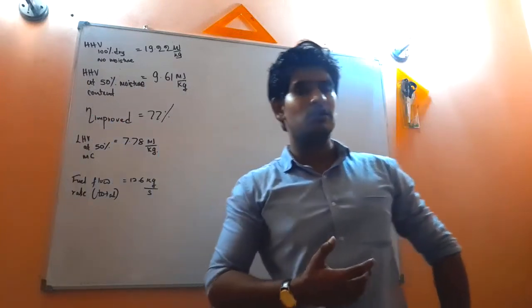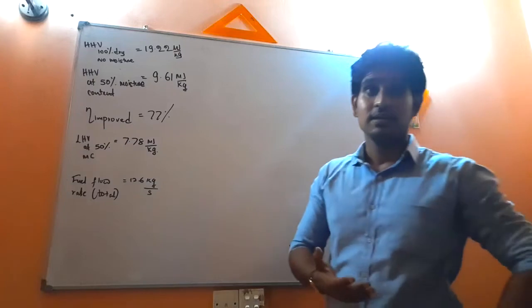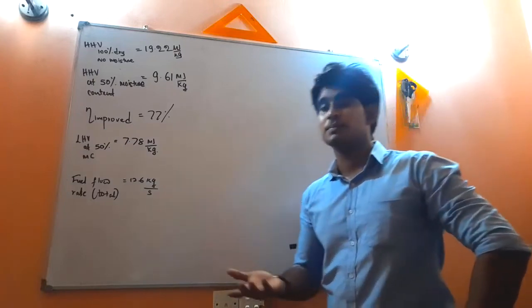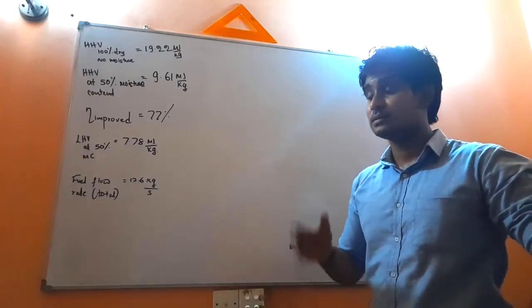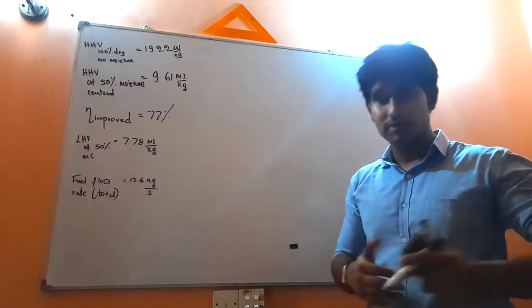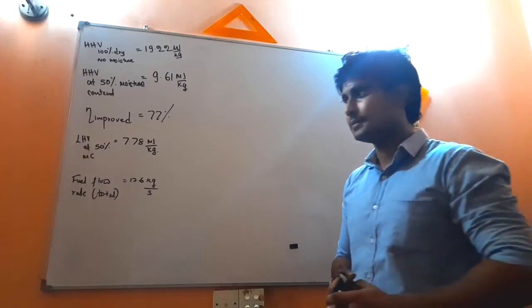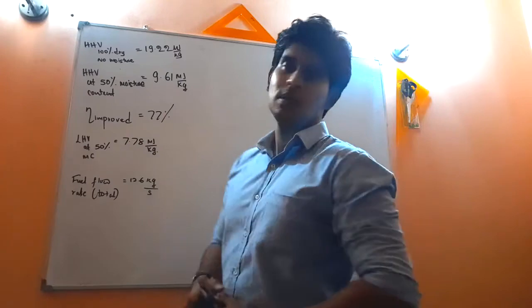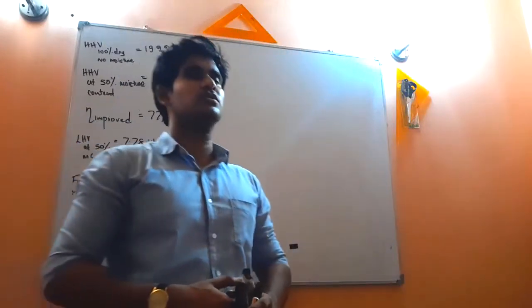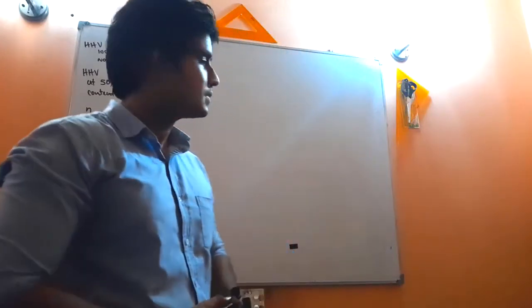Earlier the moisture percentage was 50%, now it has been reduced to 40%, so some moisture is removed. So that means it can ultimately save the heat that is produced by the fuel, right?